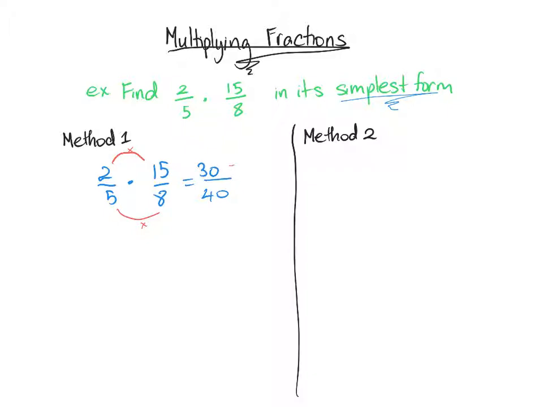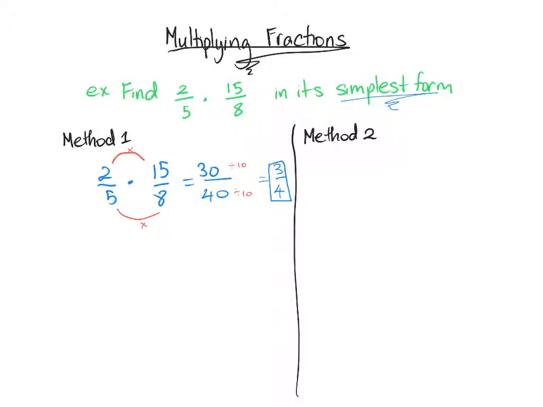So we can divide the numerator by 10 and the denominator by 10. And we should get 3 over 4. And that's our first method. Alright, so again, that's the easiest one to explain, but I actually think the one I'm about to do is easier to do, especially when you don't have a calculator.